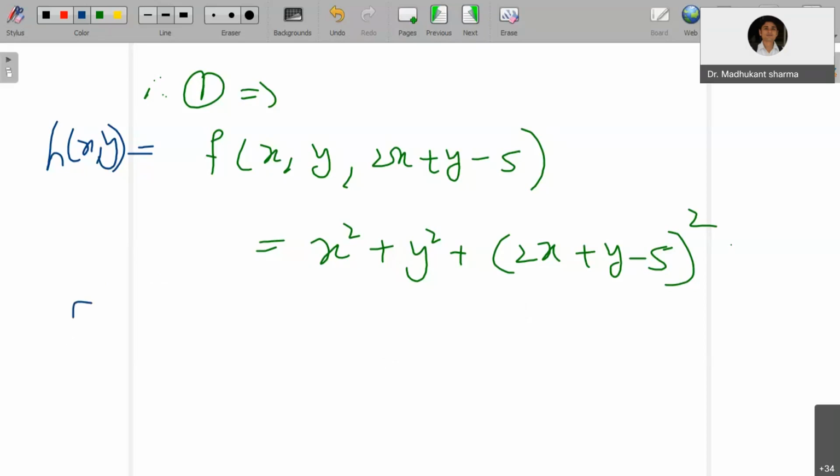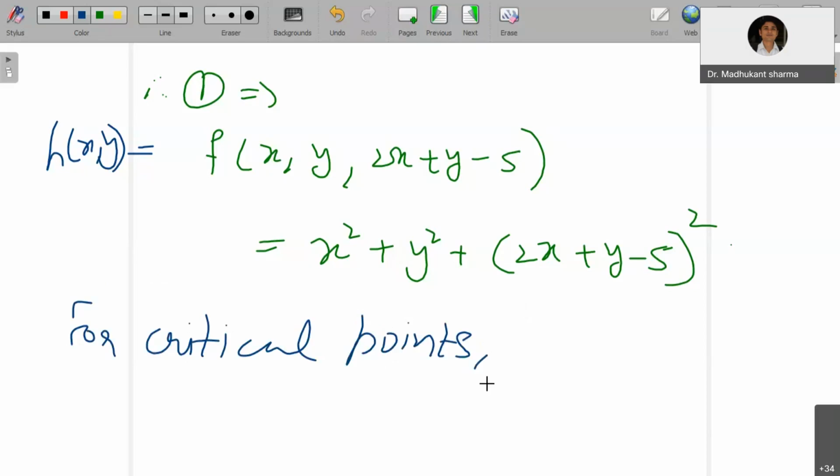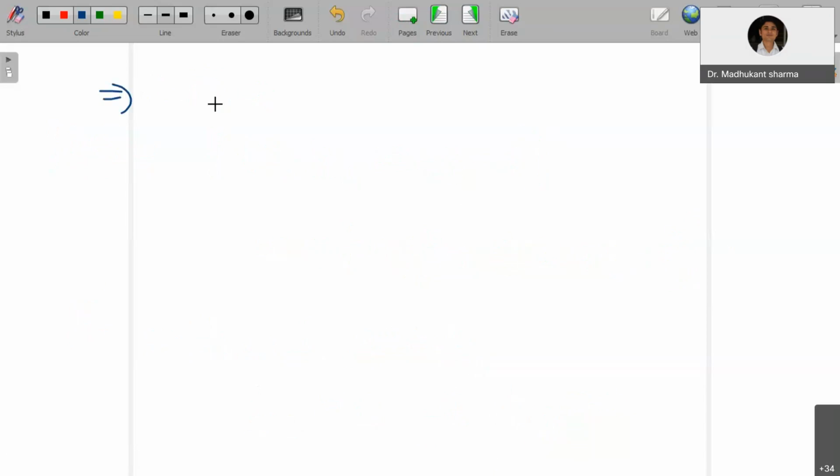For critical points, hx equals 0 and hy equals 0.